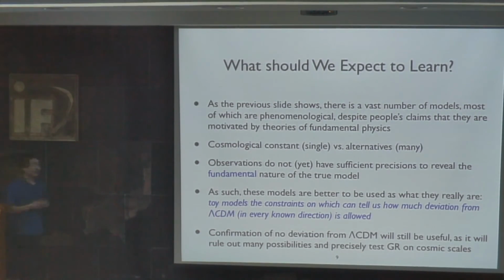So the question is, if you just want to say how much deviation from lambda CDM is allowed by data, why don't you just say, I want to constrain what is the difference of, for example, the halo number from GR prediction that is allowed, without specifying any theory?